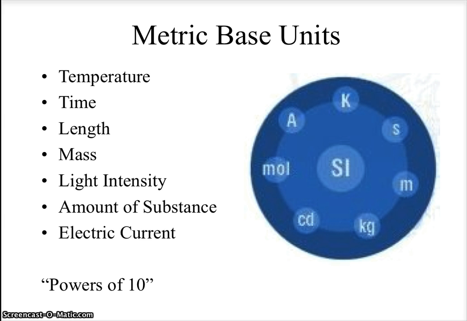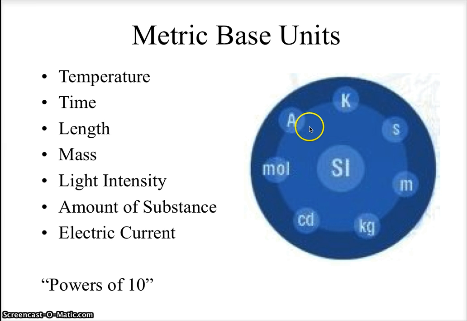Now, any other units that you're going to be utilizing in class, like meters per second, is not a base unit, but rather a derived unit. A derived unit is a unit utilized in a measurement that comes from two or more base units. So if you look over here, A is the symbol for electric current, and stands for ampere. Capital K stands for Kelvin, a temperature unit.